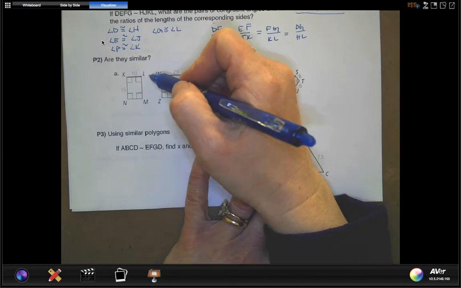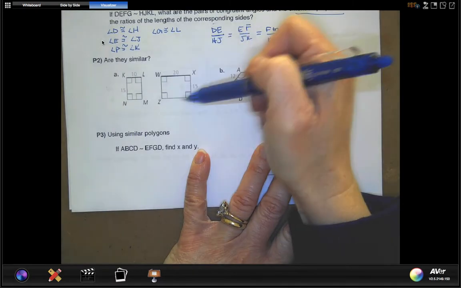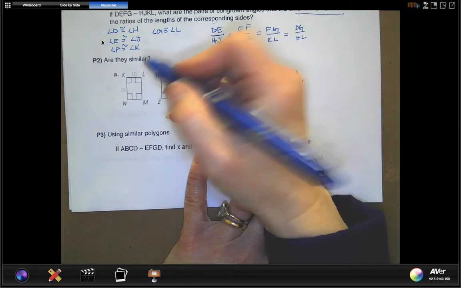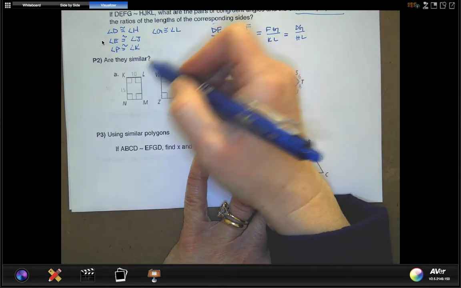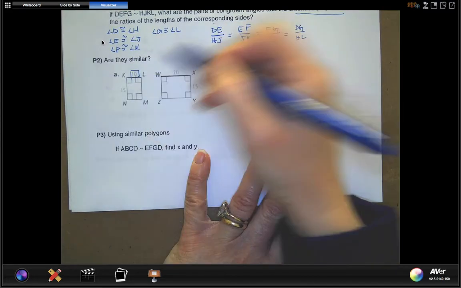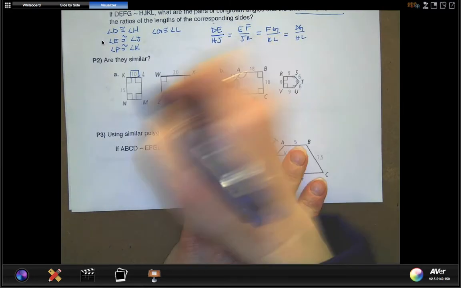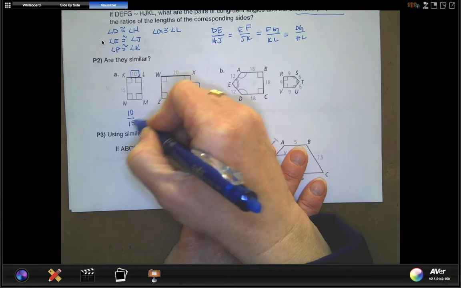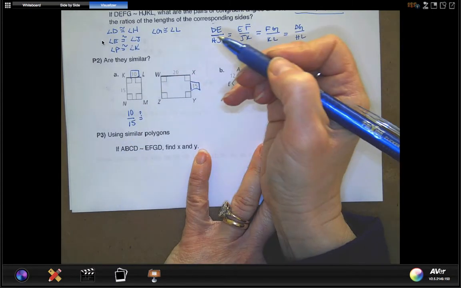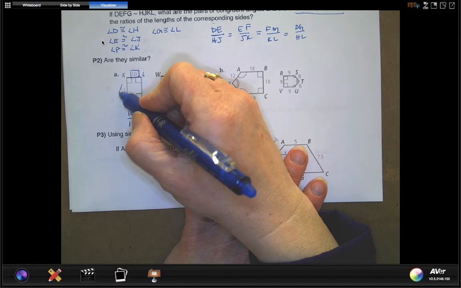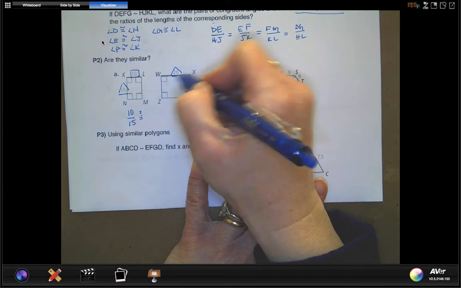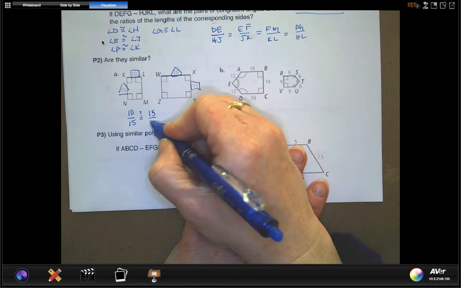Down here it asks, are they similar? If I look at all the angles are similar. Now if I want to check the sides, so it's a rectangle, this is the small side here, this is the small side here. So it's 10 over 15 equal to the two larger sides, so 15 over 20.